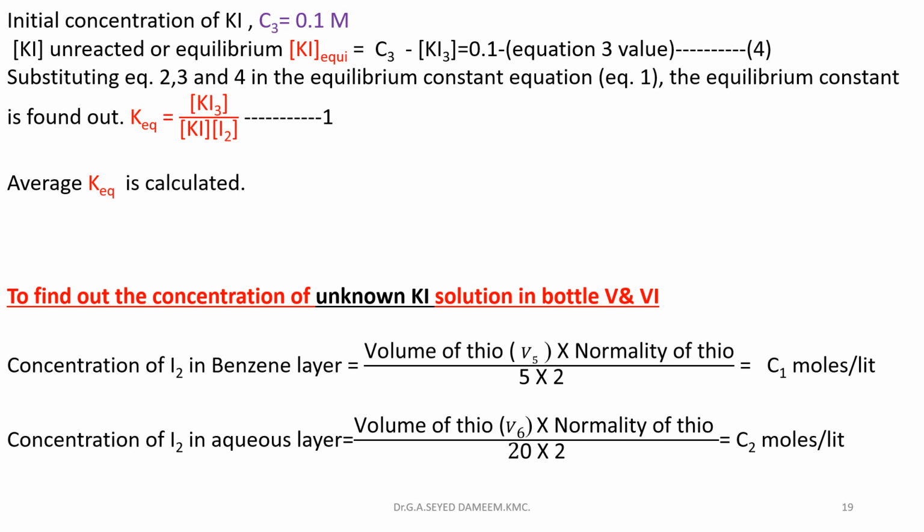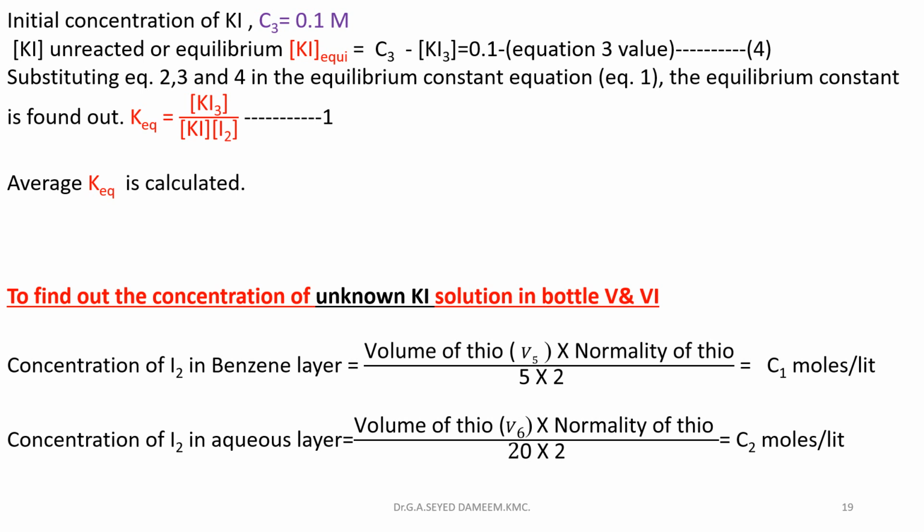For the aqueous layer, the normality of thio is about 0.01 N, and the exact value is substituted. So the concentration of iodine in the benzene layer is volume of thio V5 times normality of thio, about 0.1 N, divided by 5 into 2; let it be C1 moles per liter.